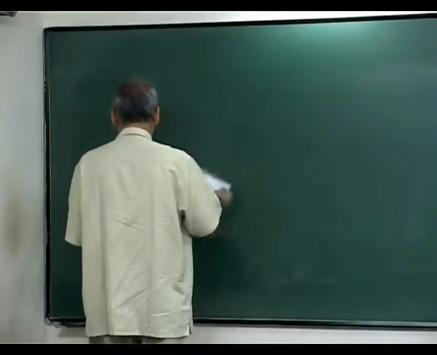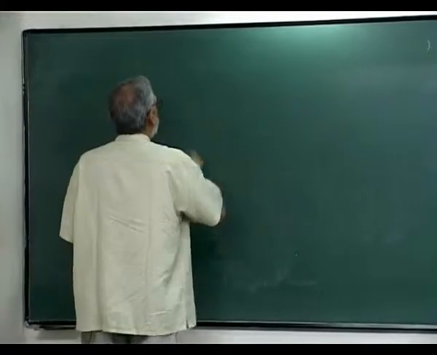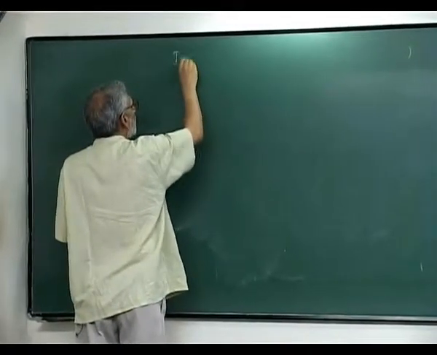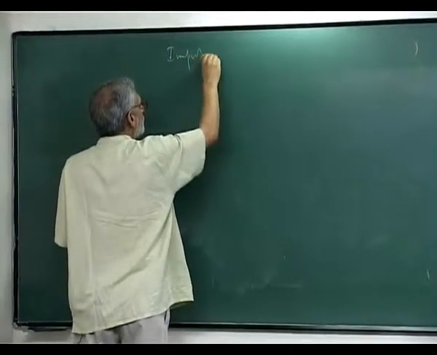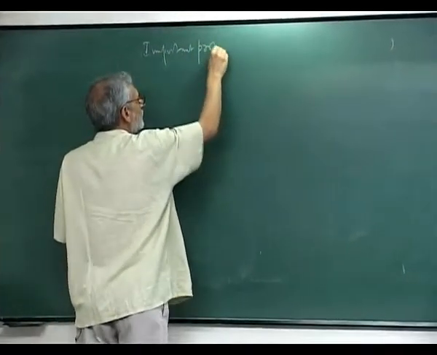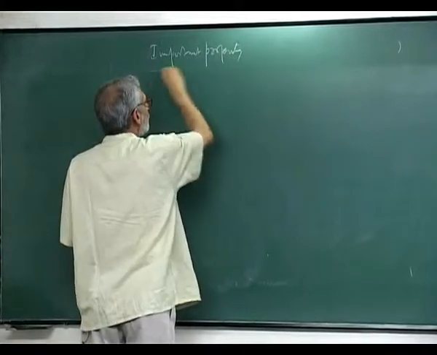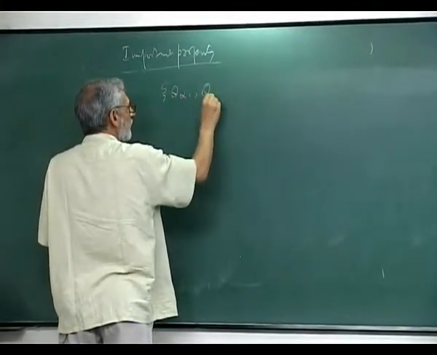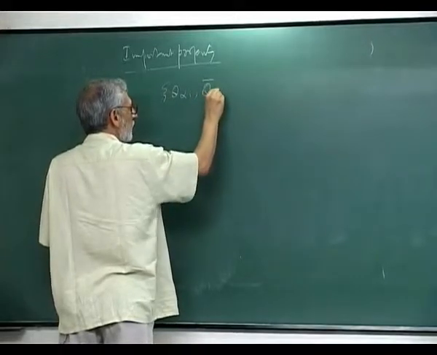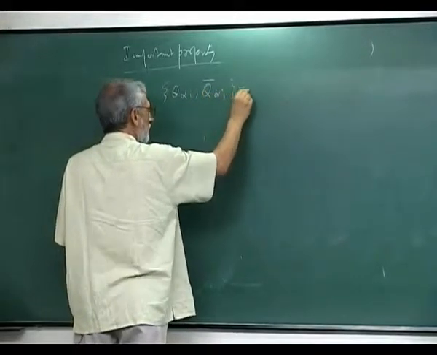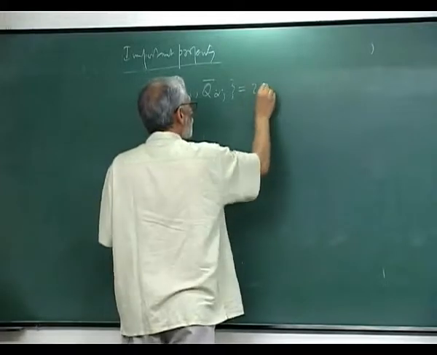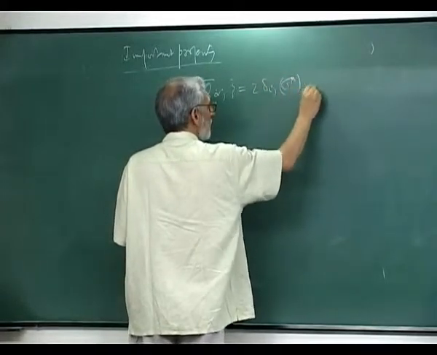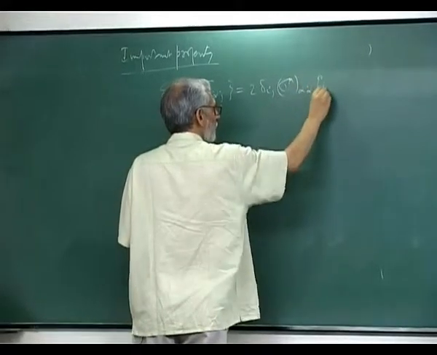Let me write down that one important property. The algebra that we had: the anti-commutator of Q alpha I and Q alpha dot J was equal to 2 delta Ij sigma mu alpha alpha dot times P mu.